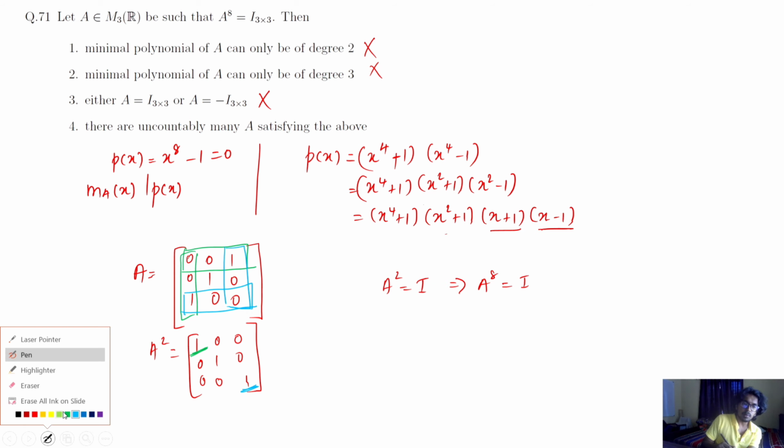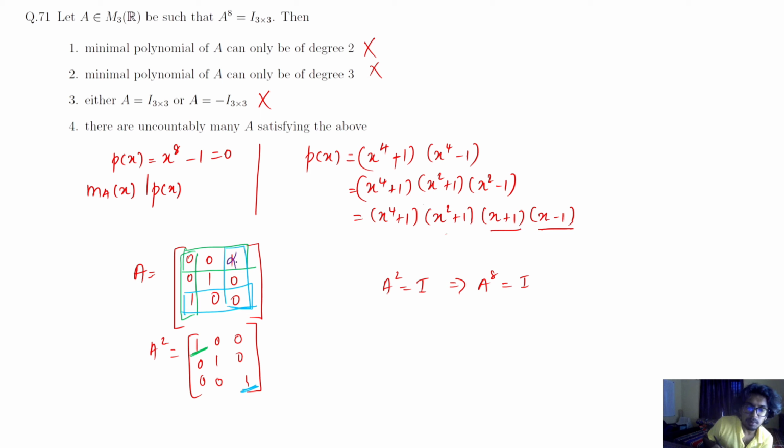Let me put any non-zero entry here. Let me make it alpha. If I simply make it alpha, then I would have alpha and alpha in these places, but I need 1 there. So I am going to change this 1 to 1 upon alpha. I am choosing this alpha to be a non-zero real number. So this alpha with 1 upon alpha would give me 1 only.